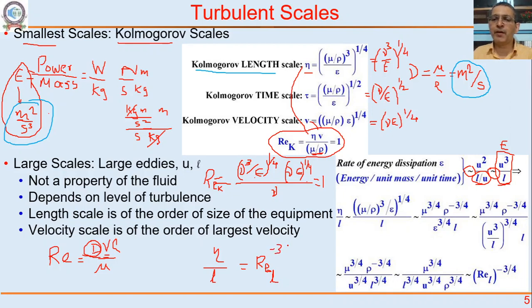It means the higher the pipe Reynolds number, the smaller will be the Kolmogorov scale. That is the meaning of this expression.